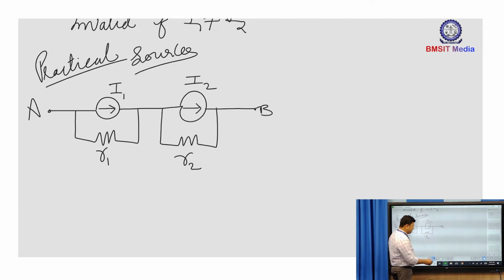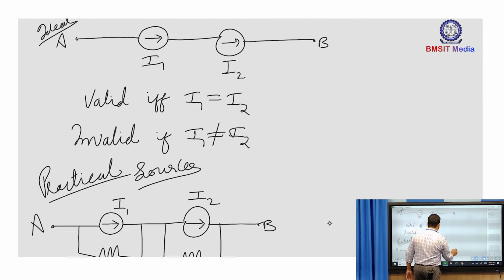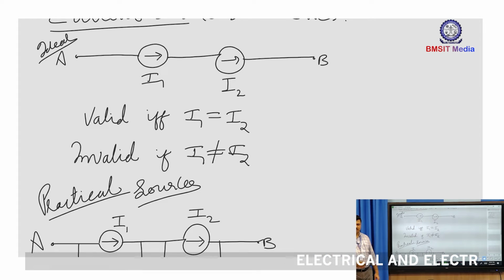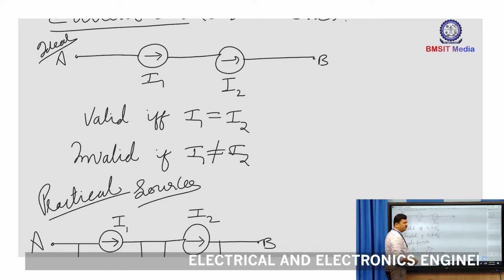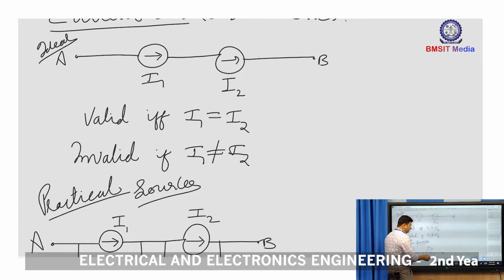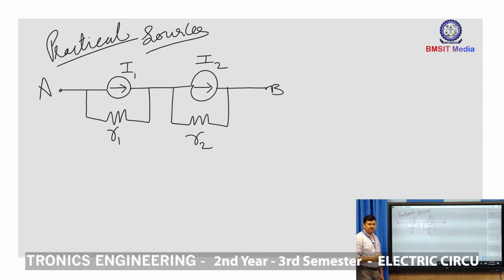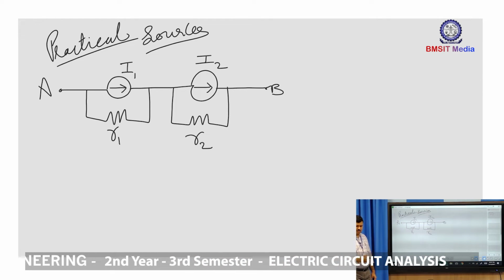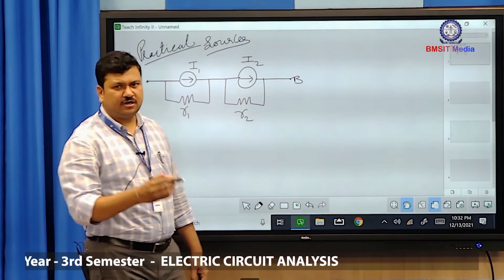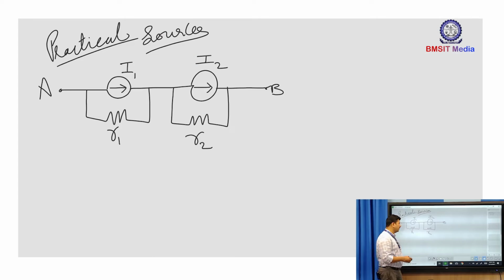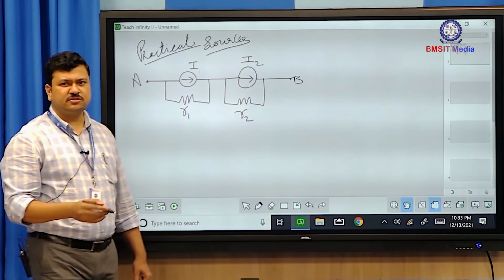So, when it was the ideal case, we observed there can't be a connection of two ideal current sources in series if the two values are different. But in the practical case, I can analyze this circuit and still find the equivalence of these two current sources falling in series. Now, we know in source transformation I can transform a voltage source into a current source and a current source into a voltage source. So, I can now transform both current sources into voltage sources, then I get two practical voltage sources falling in series.